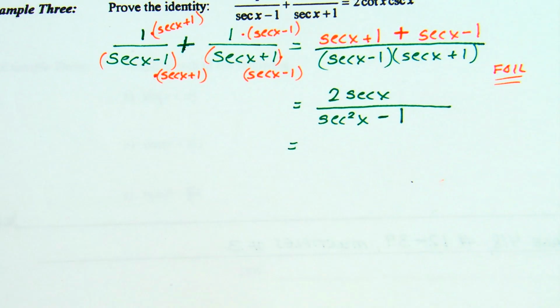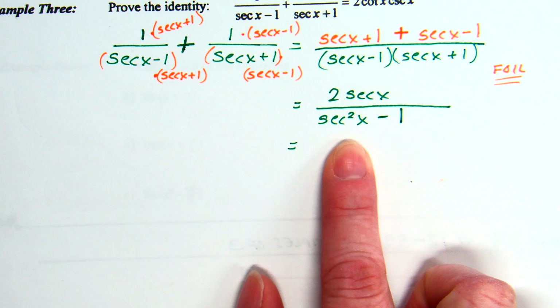So if you see a secant squared x minus 1, it can be replaced with tangent squared x. So let's do this. I still have 2 secant x on top, and now I have tangent squared x on bottom.